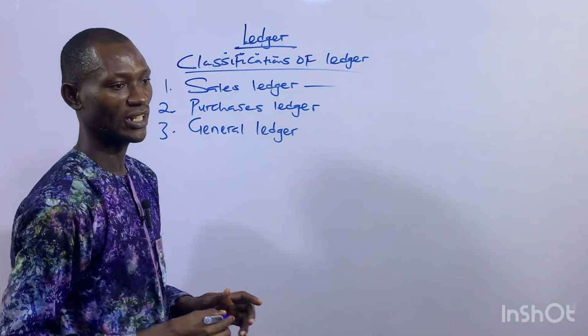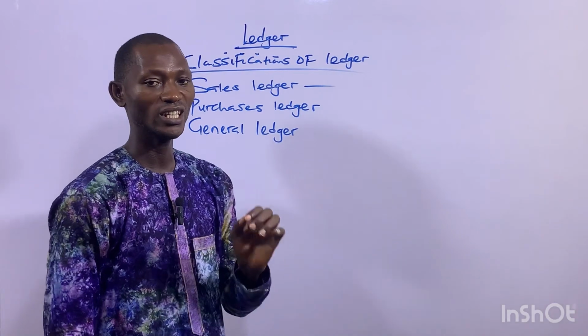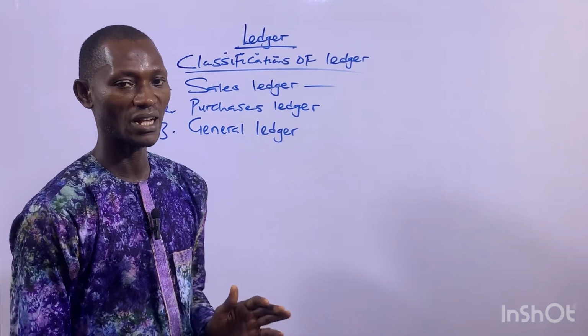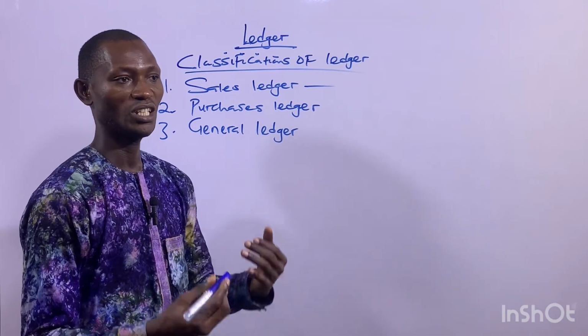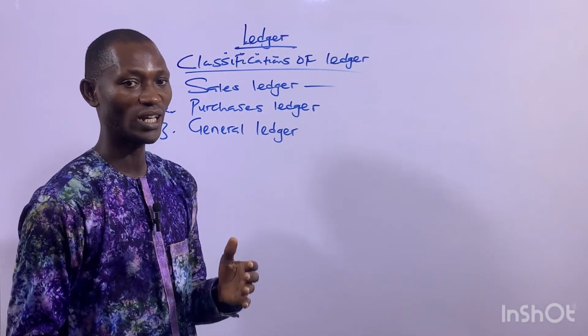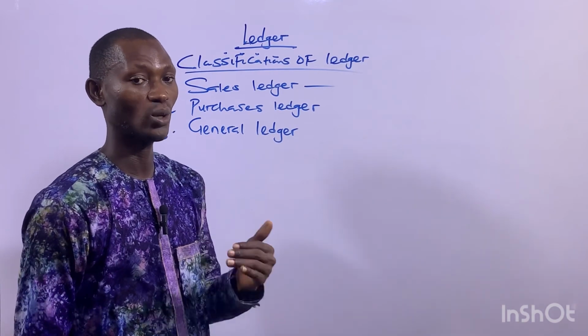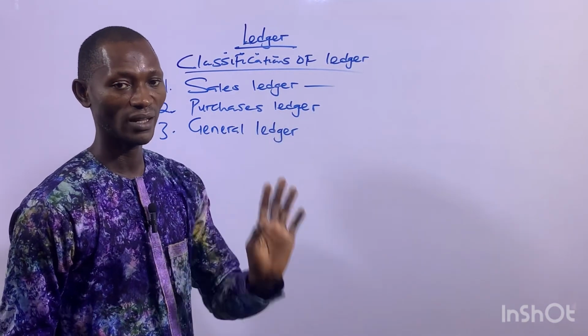So sales ledger is a kind of ledger that contains the individual debtors' accounts or customers' accounts. So any details about your individual customer that holds you, or individual business organization that holds you, all those details will be contained in the sales ledger.